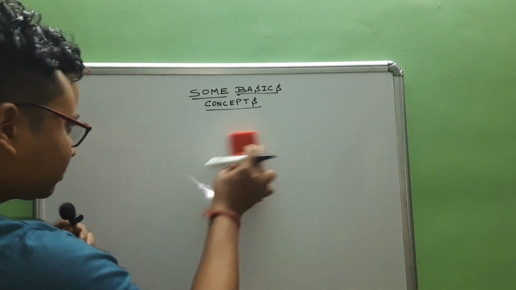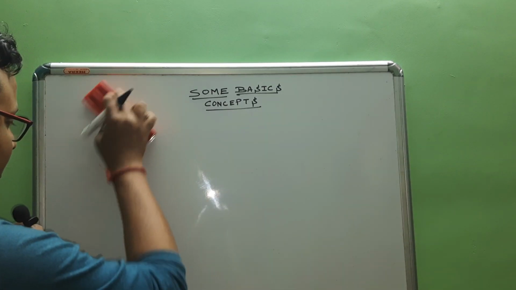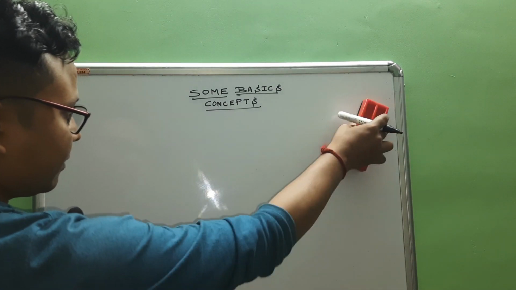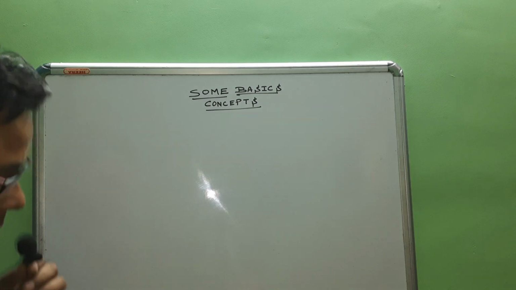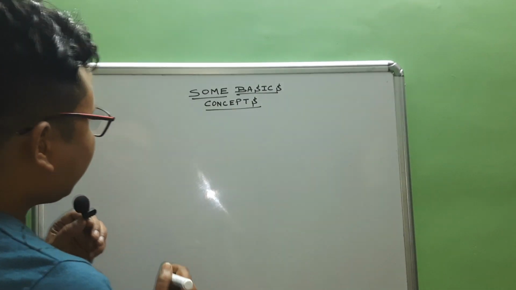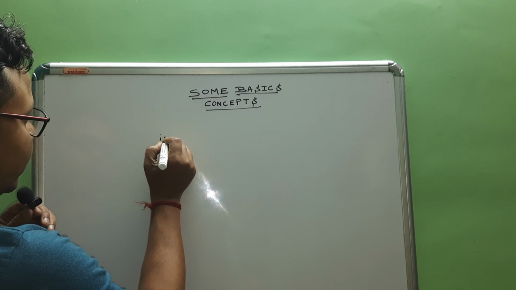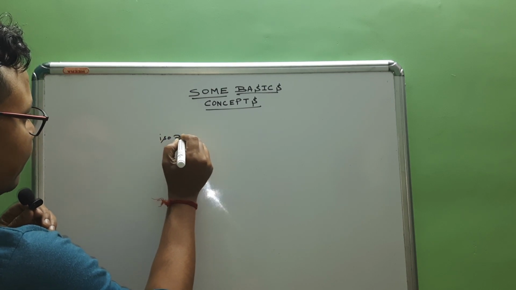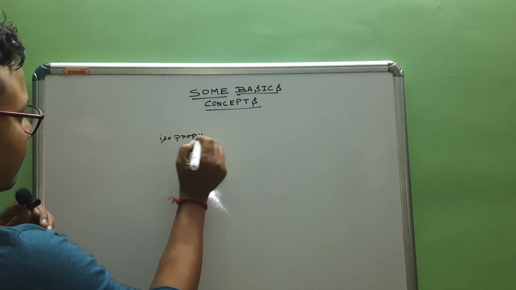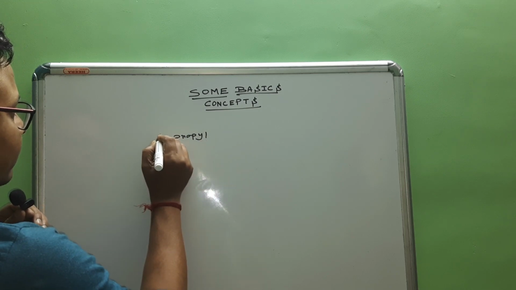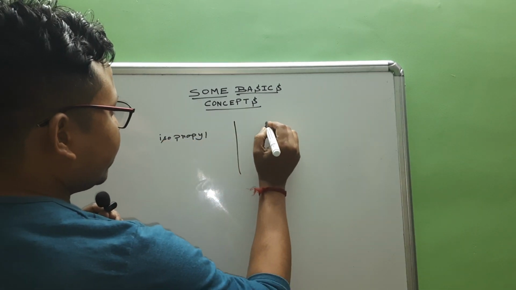Now people often get stuck on two names, isopropyl and tertiary butyl.